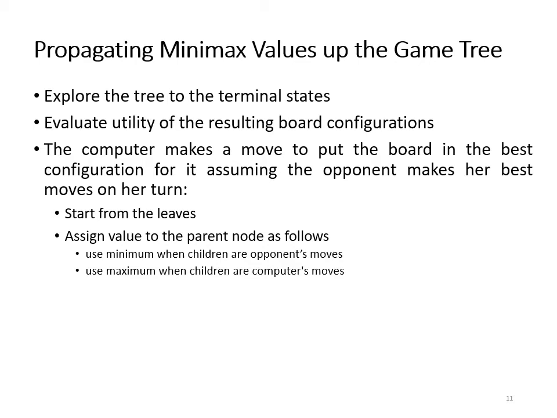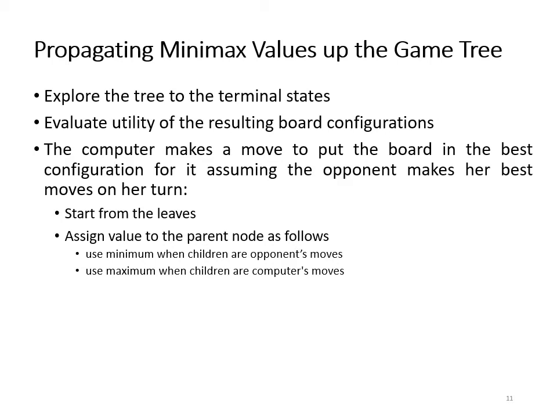Propagating the min-max value of the game tree. So these values, as you have seen, propagate upwards. It is like backtracking the values, in a depth-first fashion. Propagate the minimax value of the game tree: explore the tree to the terminal state. First of all, you have to go to the terminal state, then evaluate the utility of the resulting board configuration.